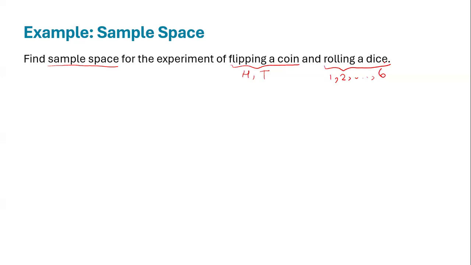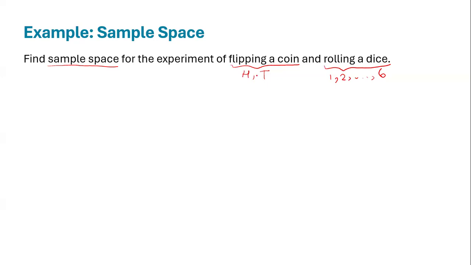Now, I want to find a sample space for the experiment that has both of them together, flipping a coin and rolling a die at the same time. So the easiest way to find all of the possible outcomes is showing a tree diagram. When you flip a coin, there are 2 possible outcomes, head or tail.